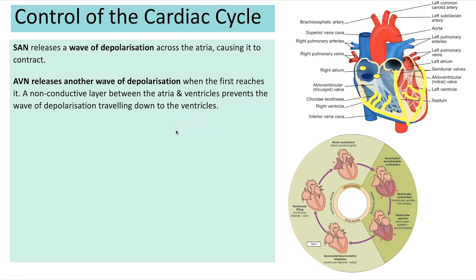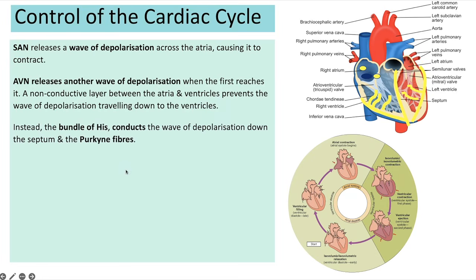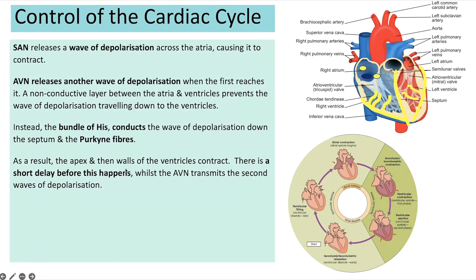And that causes a slight delay between when the atria contract and when the ventricles will then be able to contract. And that's an advantage because it means that there is a time delay between when the blood is pumped from the atria and when the ventricles contract. So essentially there's time for the ventricles to fill up with all that blood before they contract.